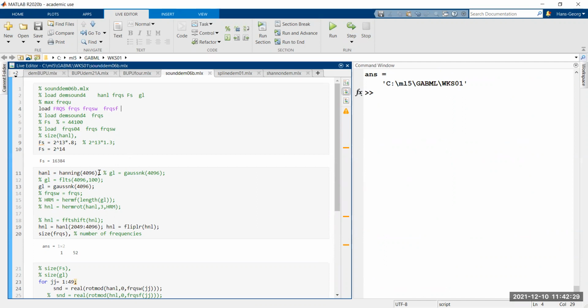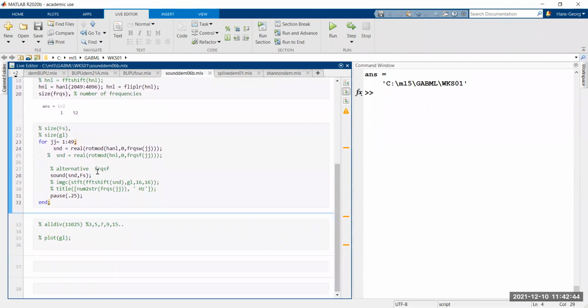Then I was using essentially Hanning windows of length 4096. This is 2 to the 12, which is about the length of a tenth of a second. And you also see here that I apparently produce 49 sound elements.